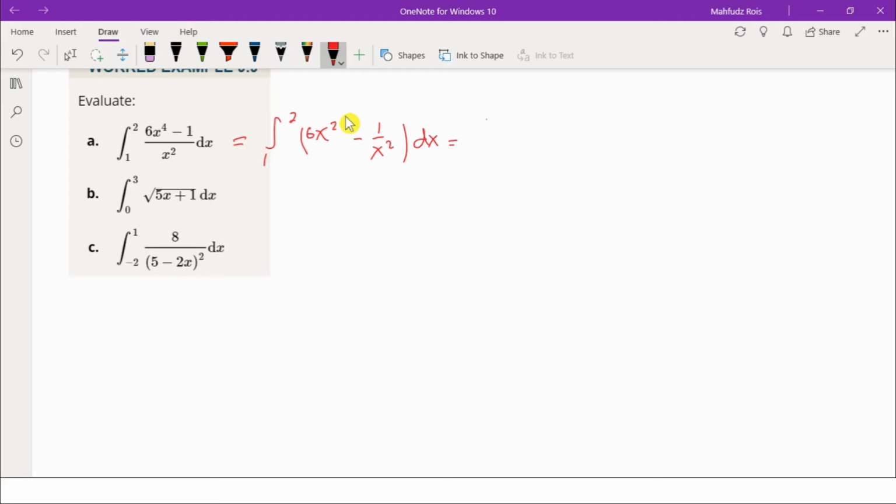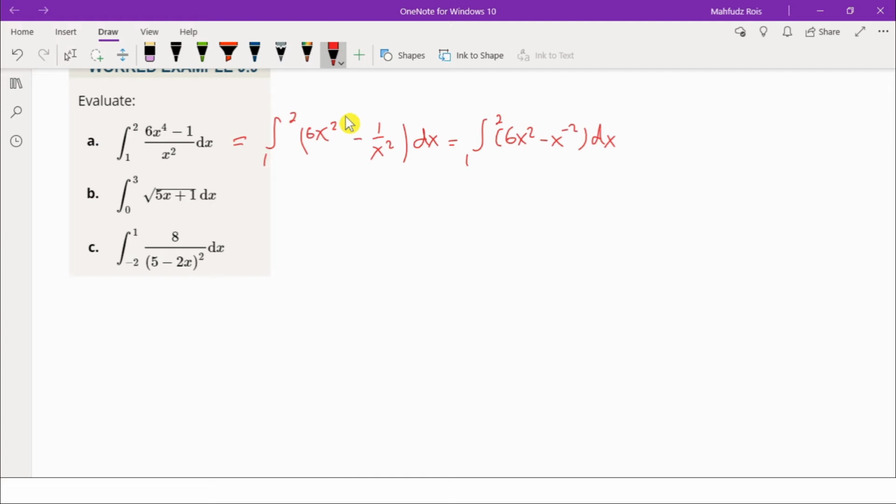Or you can make it simpler as 6x squared minus x to the minus 2, dx. So always remember, to solve integration you need to make the function in power form, or in exponent form, to perform the integration formula.